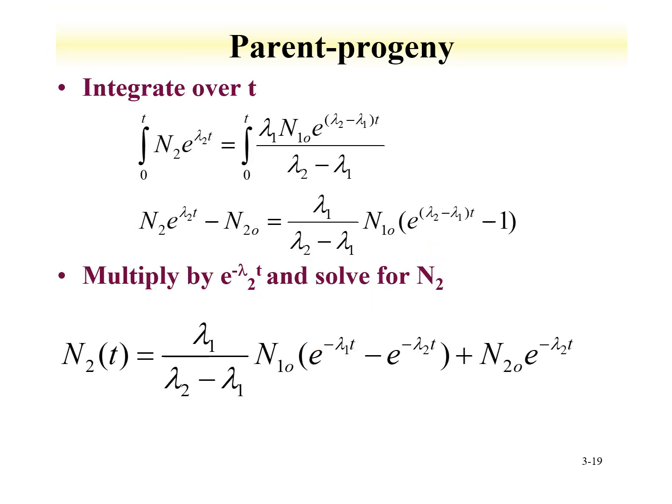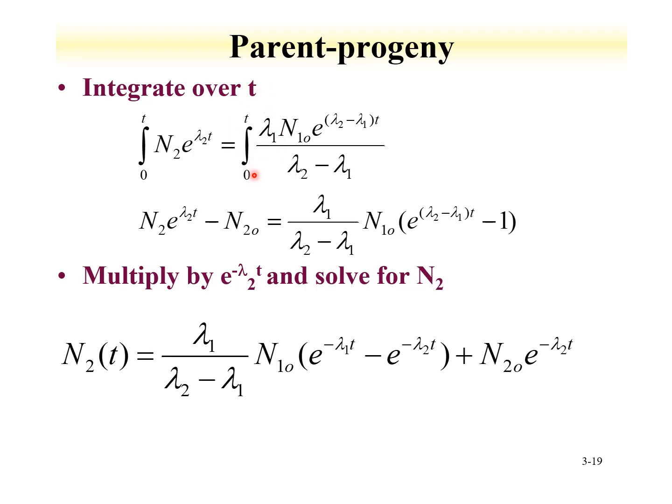Now let's integrate over time. So let's provide the integral, and we get this term. So let's integrate over what we see here, lambda 1 N1 naught e to the lambda 2 minus lambda 1 times t, divided by the difference between lambda 2 and lambda 1, from 0 to t.